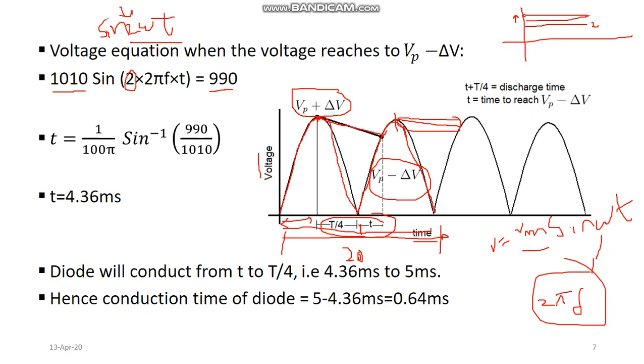I am considering this point, that is 990 volt. So the equation of the voltage at this point is 1010 sine of 2 omega t is equal to 990.